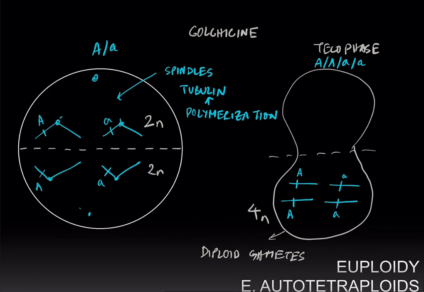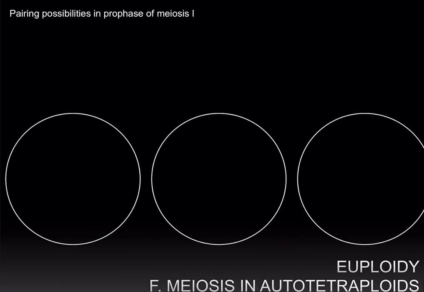Next, let's consider how meiosis occurs in a tetraploid. Now, we will have at prophase 1, 4 pairs of sister chromatids or 4 dyads, and in order to make it easy to track these different dyads, I will draw the second pair in a different color, but they're all the same chromosomes.